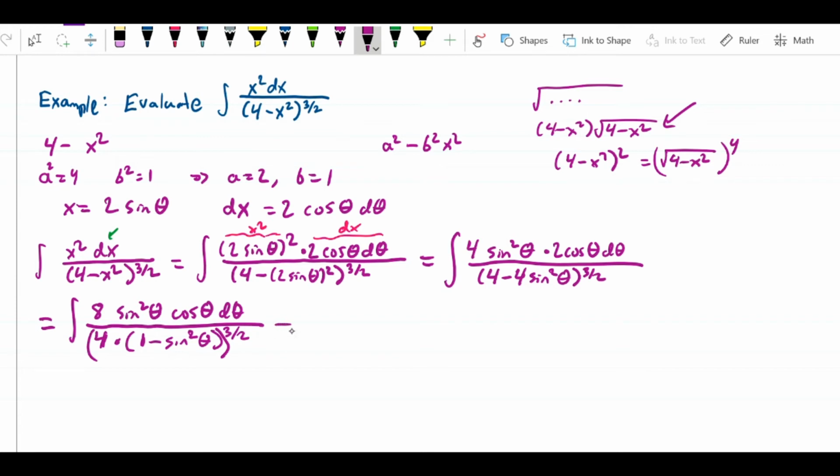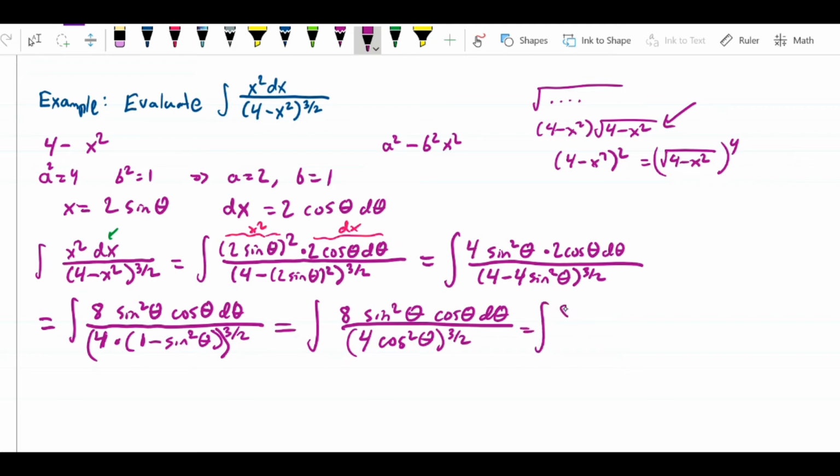Let's continue to simplify. This is going to be 8 sine squared theta cosine theta d theta over 4 times cosine squared theta to the 3/2. In other words, I just replaced 1 minus sine squared with cosine squared.